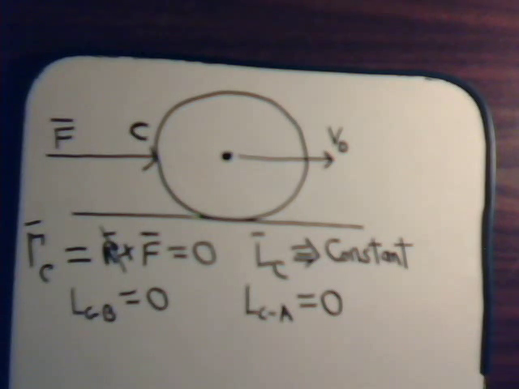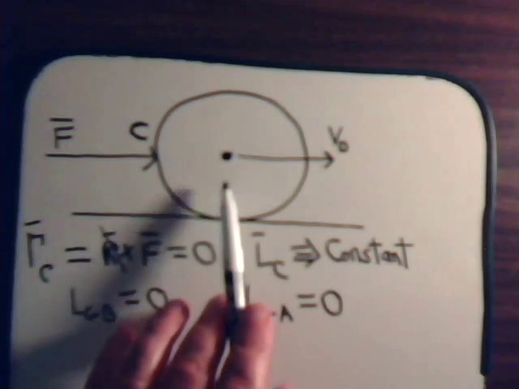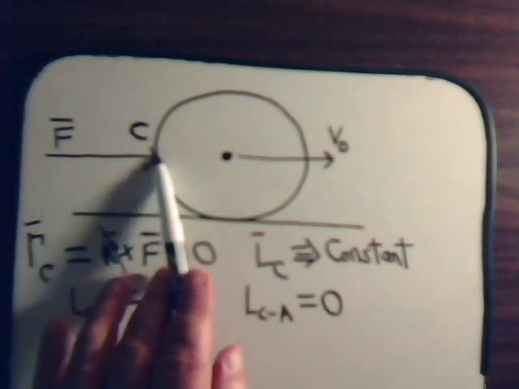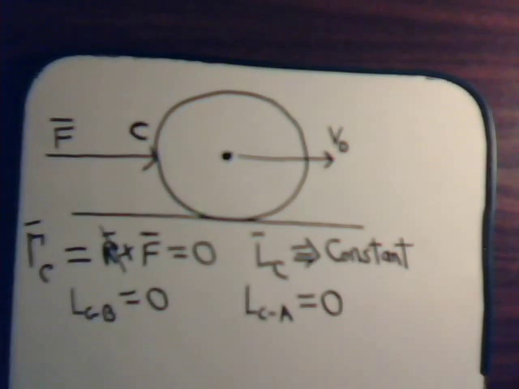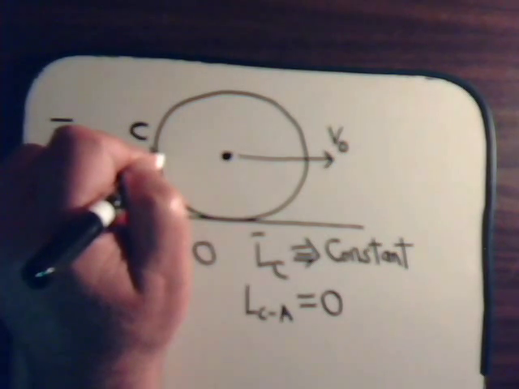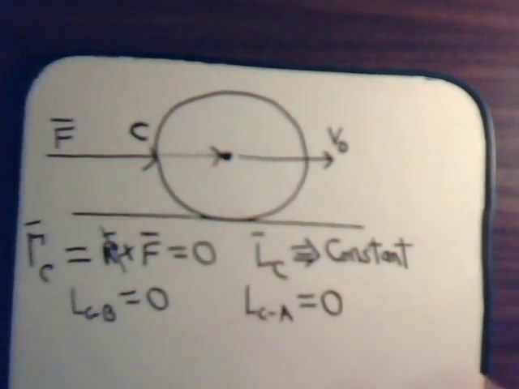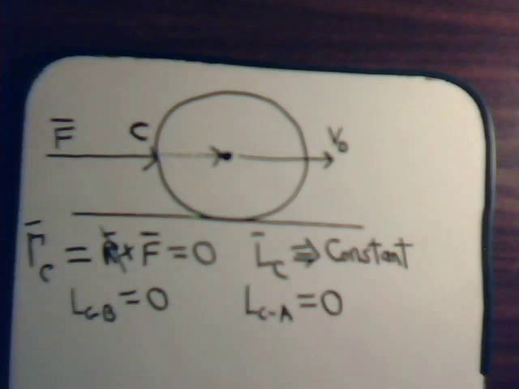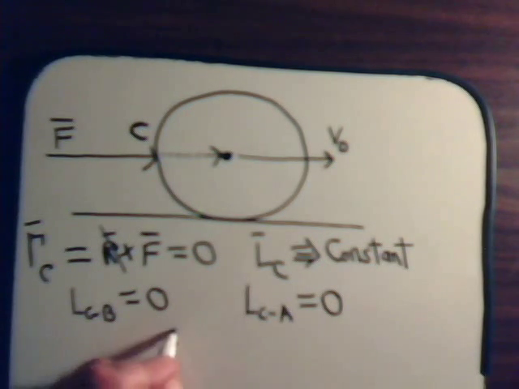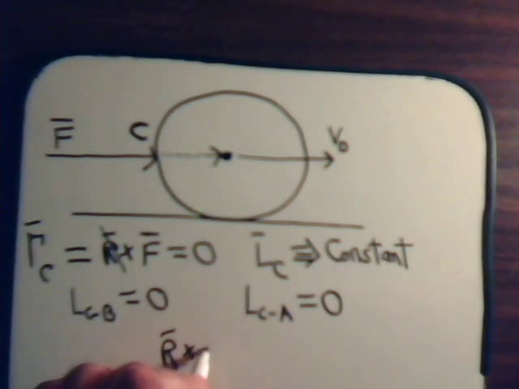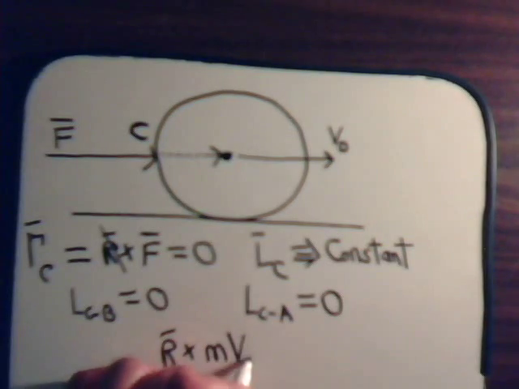So its first component, the angular velocity after the ball is struck, is the angular momentum of the center of mass with respect to point C. And what will that be? Well, it has to be a position vector going from C to the center of mass, so that's just the radius of the billiard ball, so it's R cross mv0.